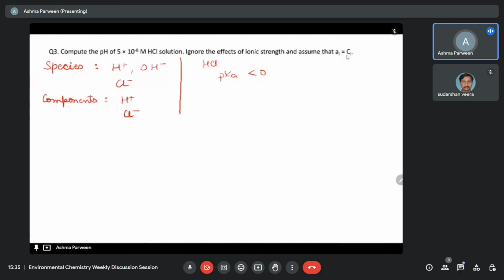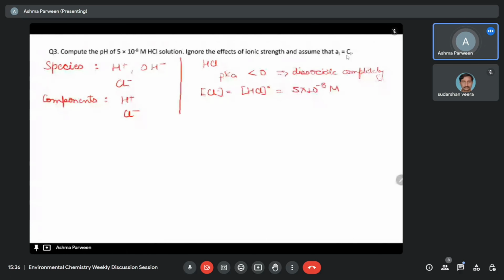So since pK is less than 0, it means it will dissociate completely. That means the concentration of Cl minus will be equal to the total concentration of acid, that is 5 into 10 raised to power minus 8 molar.